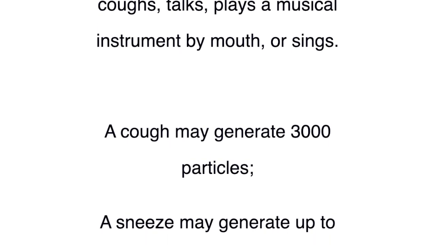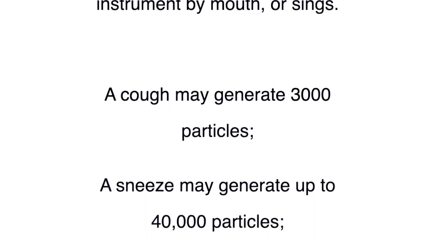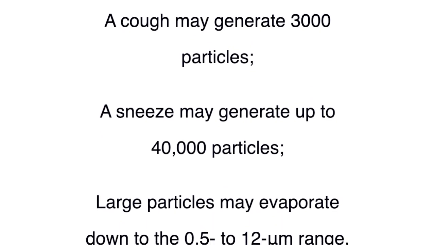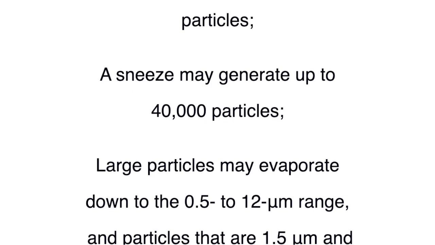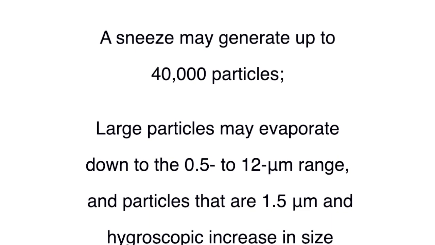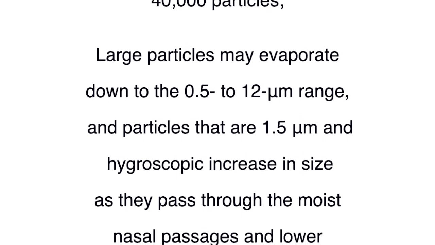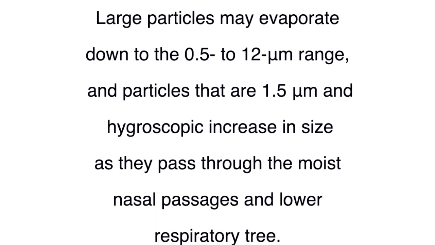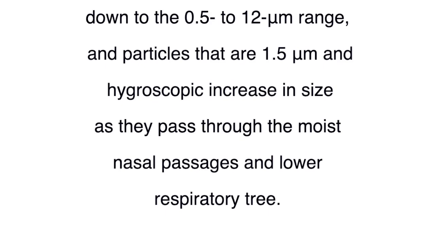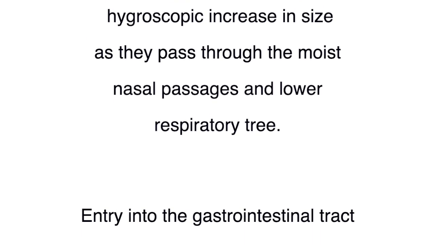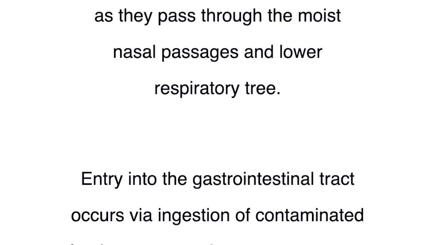A cough may generate 3,000 particles. A sneeze may generate up to 40,000 particles. Large particles may evaporate down to the 0.5 to 12 micrometer range, and particles that are 1.5 micrometers and hygroscopic increase in size as they pass through the moist nasal passages and lower respiratory tree.